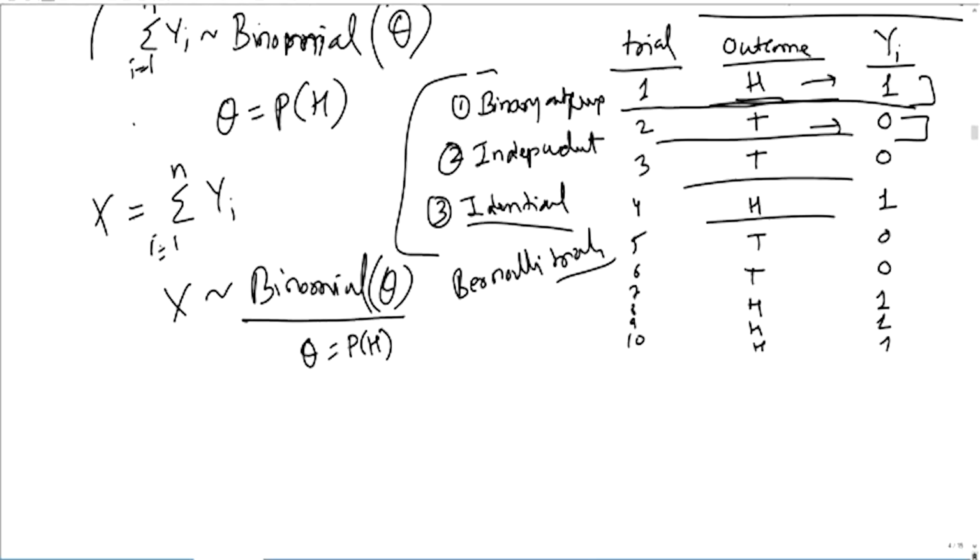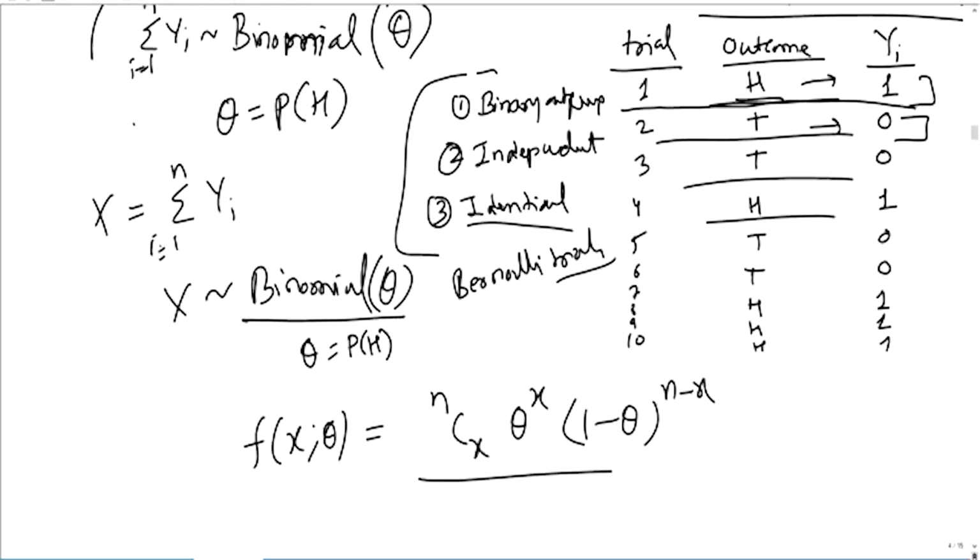But what does it mean? What does this binomial distribution do? Well, for that you would have to see its probability assigner function. So what is the probability assigner function associated with the binomial random variable, f of x, theta? This probability assigner function is given by n choose x, theta to the power x, 1 minus theta to the power n minus x.